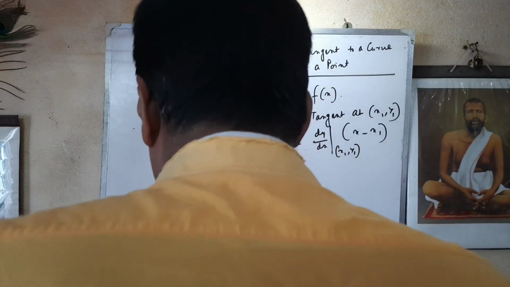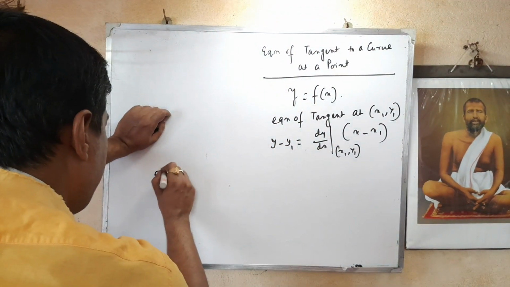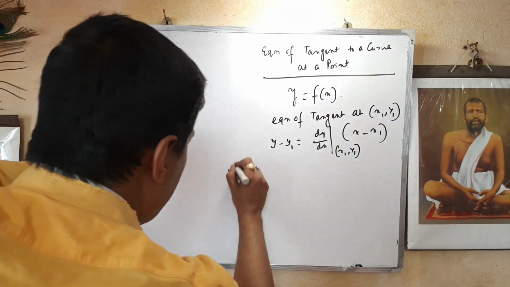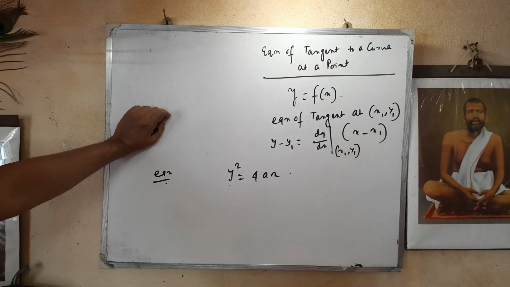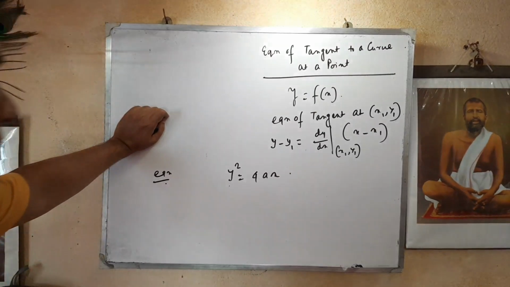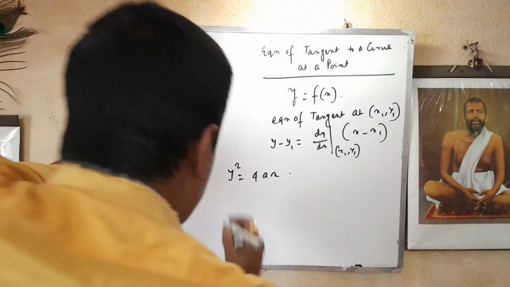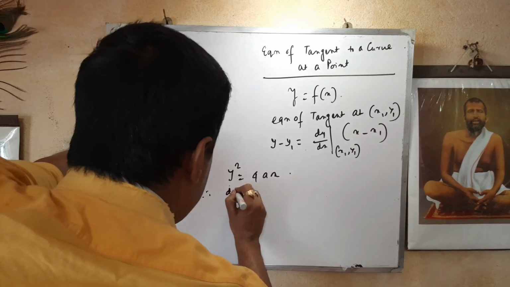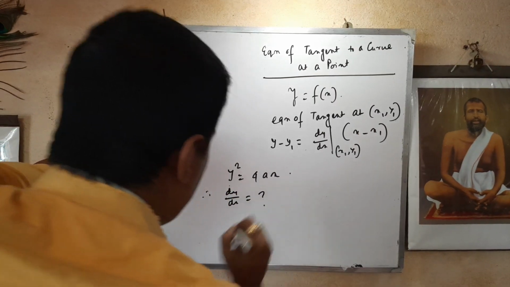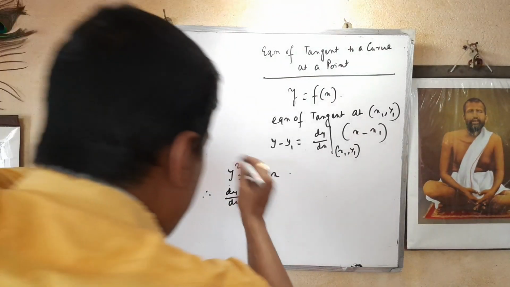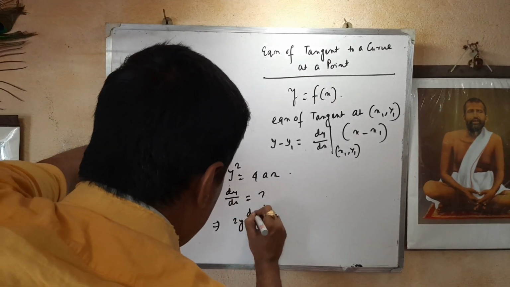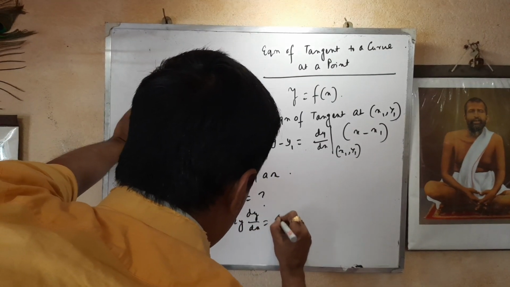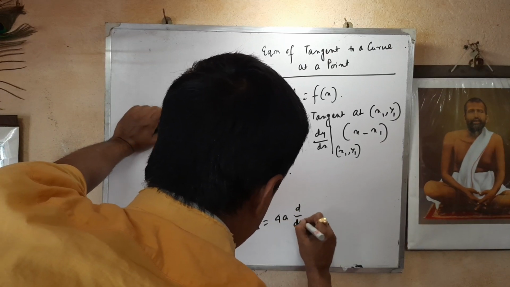Just for example, let the equation of a parabola be y square equal to 4ax. So, what is dy/dx? Differentiating both sides with respect to x, we have 2y into dy/dx equals 4a into d/dx of x.